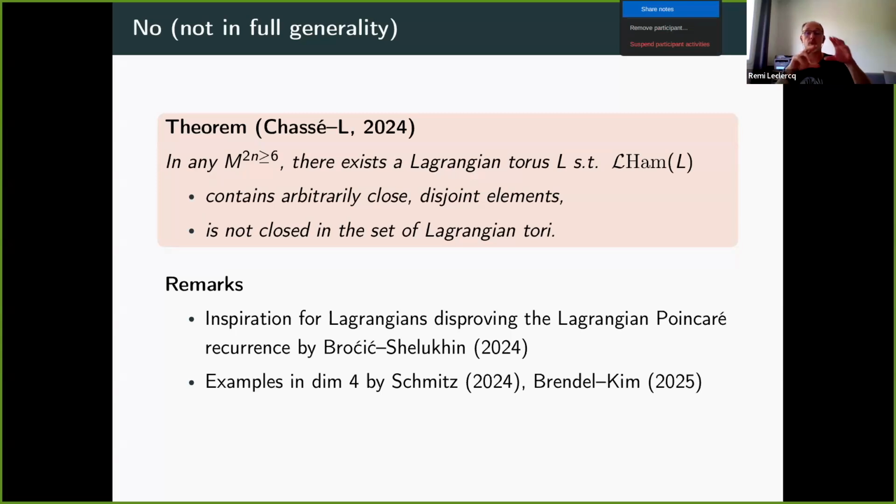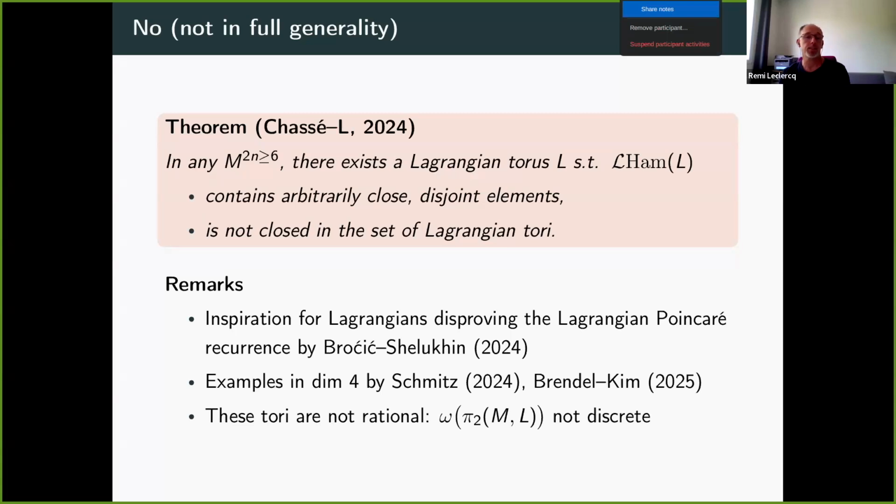It's really nice, and their method is completely different. They manage to characterize the Hamiltonian isotopy of split tori in non-monotone S2 times S2 by viewing this problem as a billiard problem. I think that's really nice also. Anyway, all of this is related.